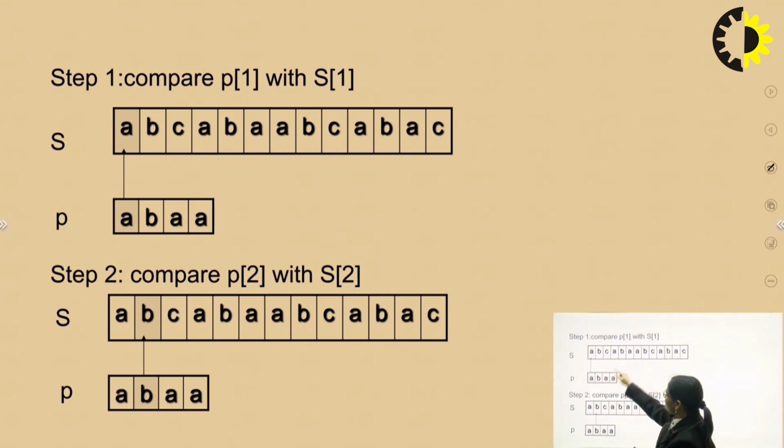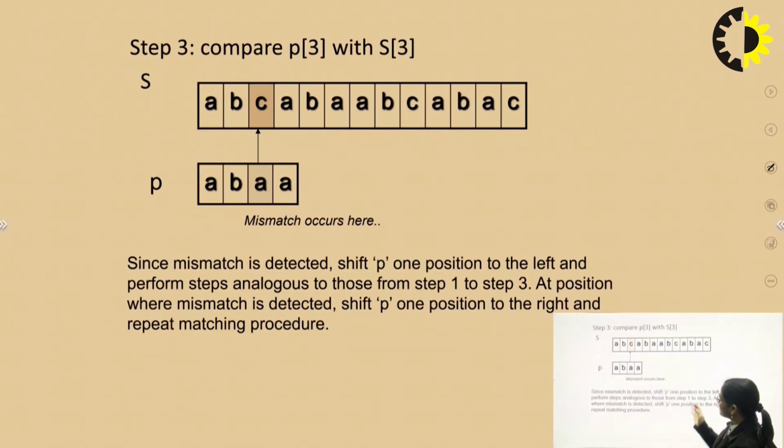If it matches, we move forward. Again compare B with B. It matches, so we move forward. Then we compare A with C. If it matches, we go forward. If it doesn't match, we go back and again compare the first element of the pattern with the third element of the string. That is why it takes total m into n time.